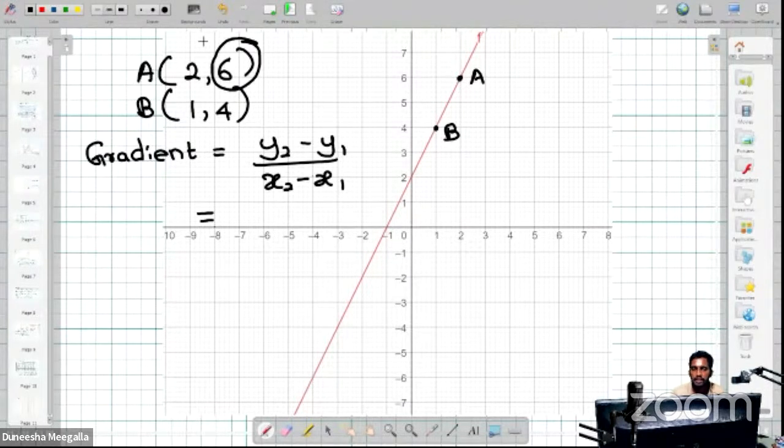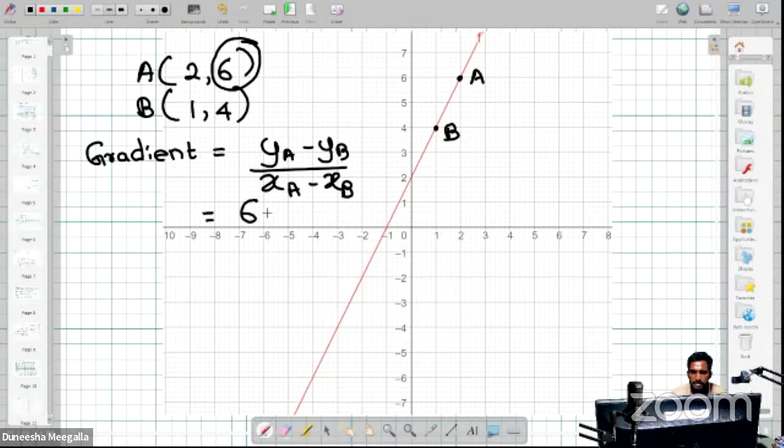Or let me write it this way: yA minus yB divided by xA minus xB. What is the y coordinate of A?